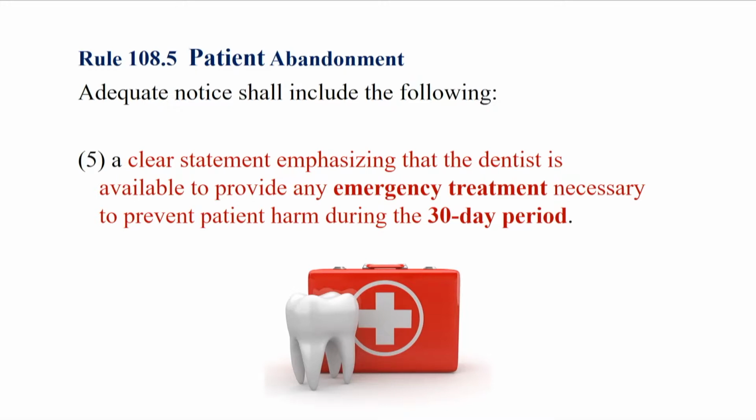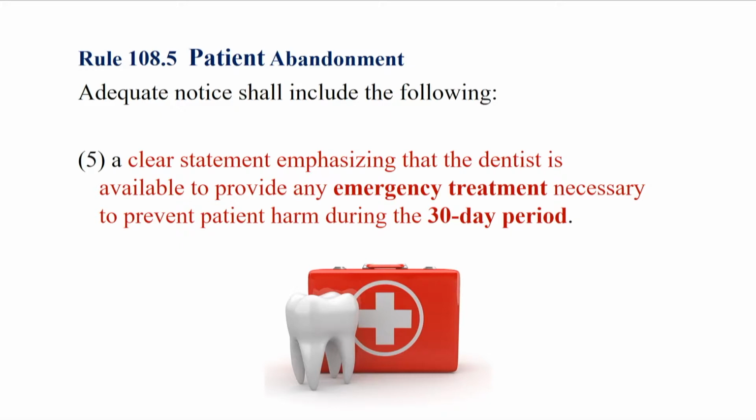My advice is to err on the side of the patient during the 30-day period, to cleanly move on and effectuate the termination and discontinuance of a patient, regardless of the level of the emergency.